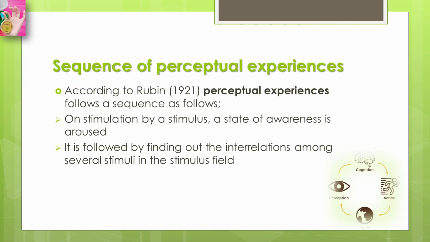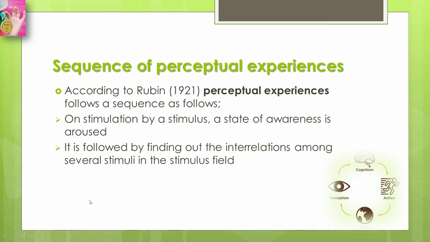Now, according to Rubin in 1921, Rubin attempted to analyze perceptual experiences and explain figure and ground relationships. According to him, perceptual experiences follow a sequence, as you can read right here.